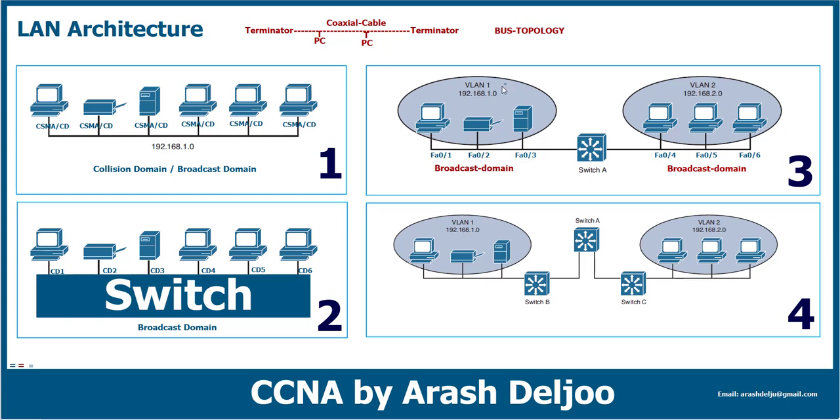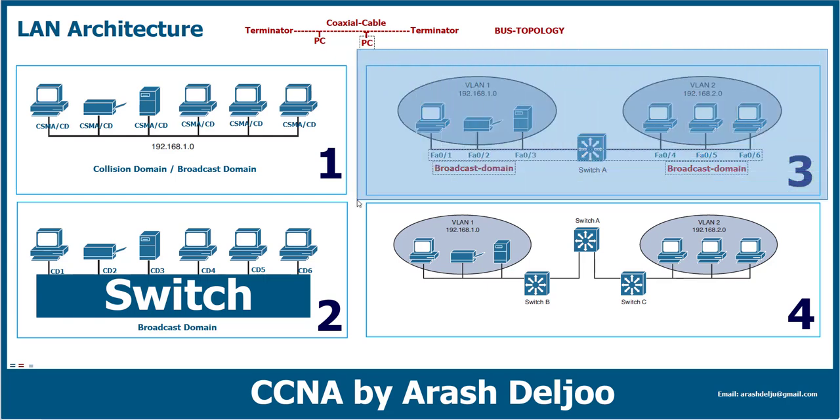Also, as you can see, in each broadcast domain we are using a different range of IP addresses from the other broadcast domains, because finally, between the VLANs, between the broadcast domains, we need to configure inter-VLAN routing, and inter-VLAN routing needs the networks to use different ranges of IP addresses. Okay, this is the history until the creation of the VLAN.